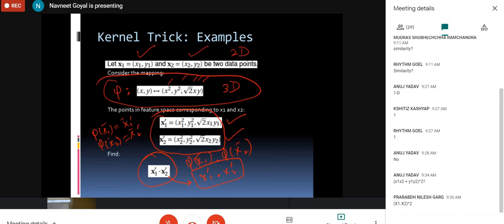So can I write it as x1 x2 plus y1 y2, all are scalars, whole squared?